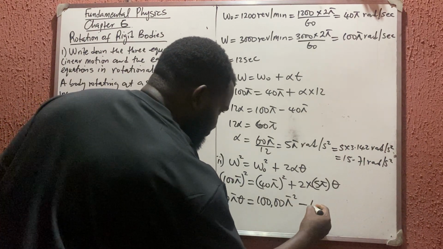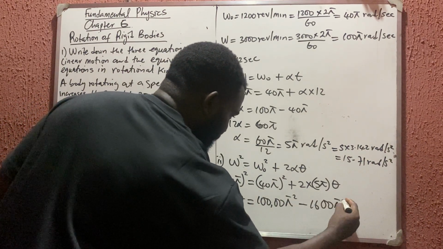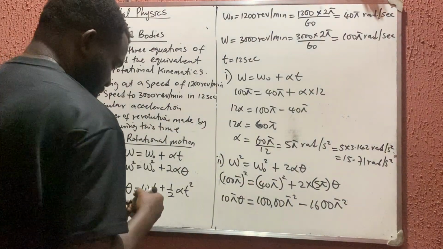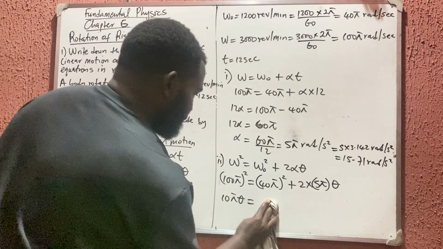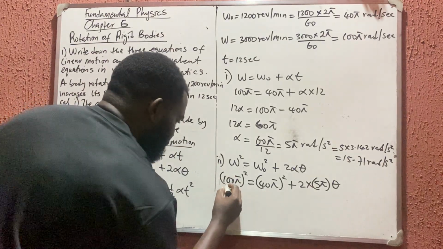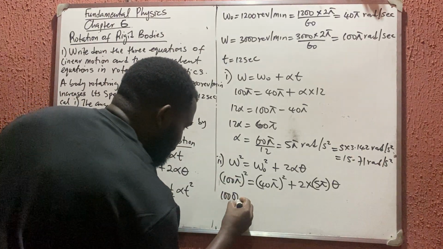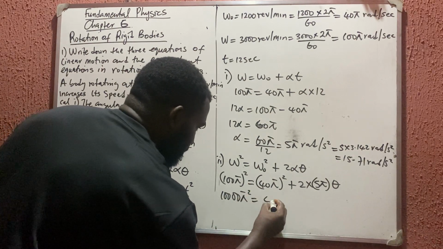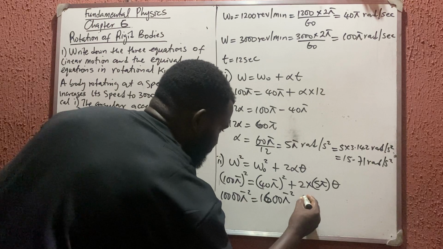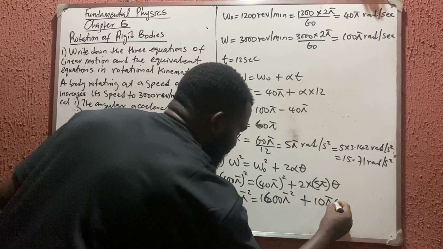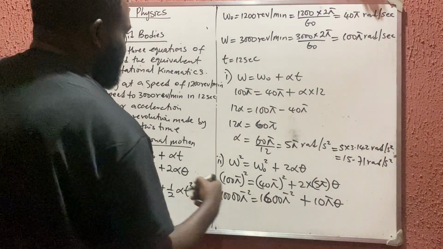Let me write it the way you understand it. First of all, I'll have 100 pi squared is equal to 1600 pi squared plus 10 pi theta.